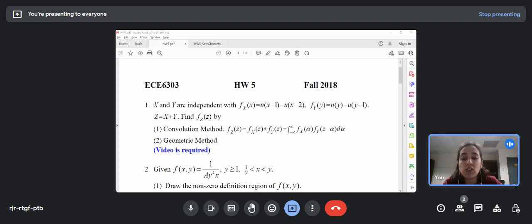And in this question, we should calculate this probability density function using two methods. The first one is the convolution method, and the other one is the geometric method. Okay, let's go through the answer.